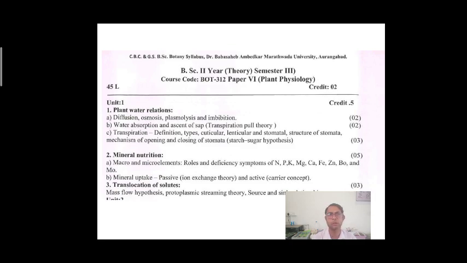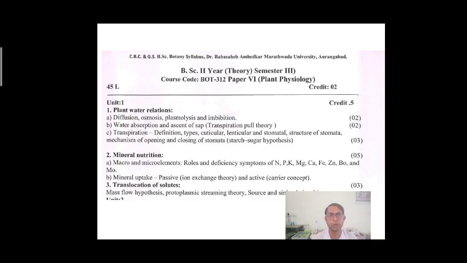So these are the different terminologies we are going to concentrate on in this unit 1, plant water relation. Along with that, water absorption and ascent of sap. To transfer water from the roots to the plant, there are different mechanisms, which include water absorption and ascent of sap.